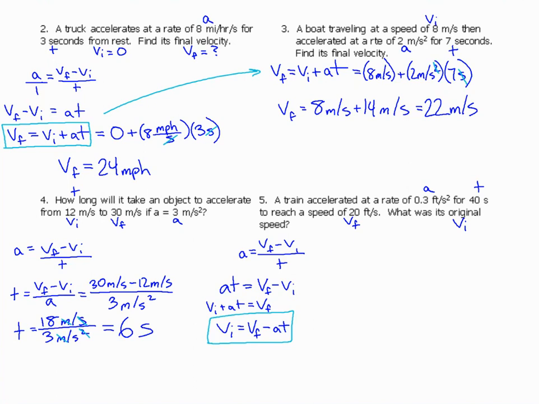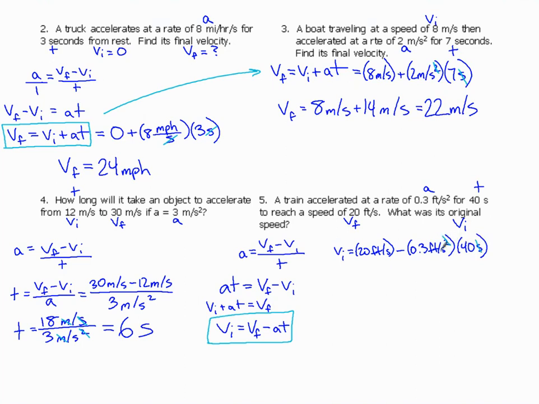Okay, so I'm going to move back up here. Initial velocity equals, we have a final velocity of 20 feet per second minus the acceleration is 0.3 feet per second squared, and its time is 40 seconds. So over here, seconds will cancel with seconds squared.